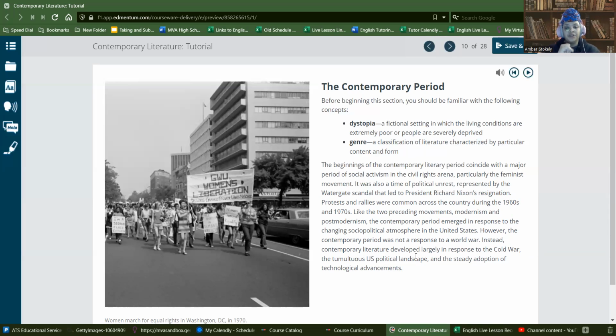They were racing to stockpile nuclear weapons and just racing to have sort of like the superior hold over world influence. So that was happening, the tumultuous US political landscape. So just the fact that everything was changing and people were protesting, and the steady adoption of technological advancements. So people were definitely concerned about technology moving too fast. And that was part of the contemporary period.